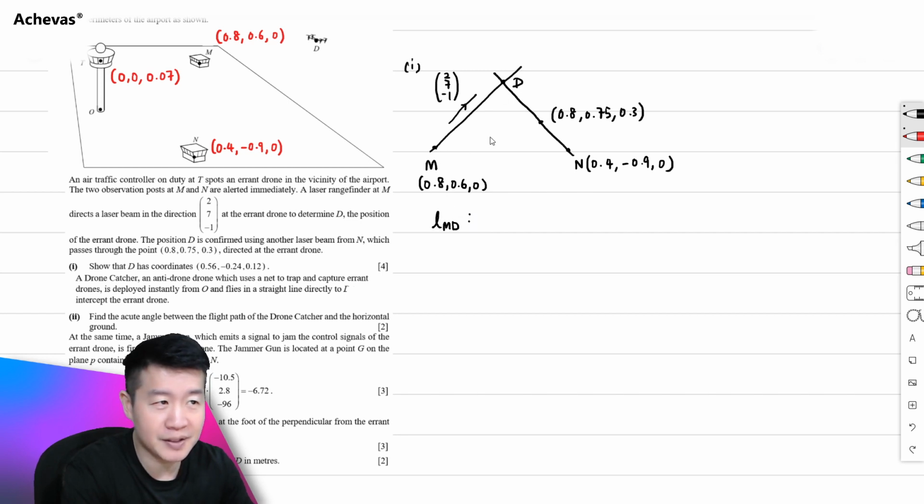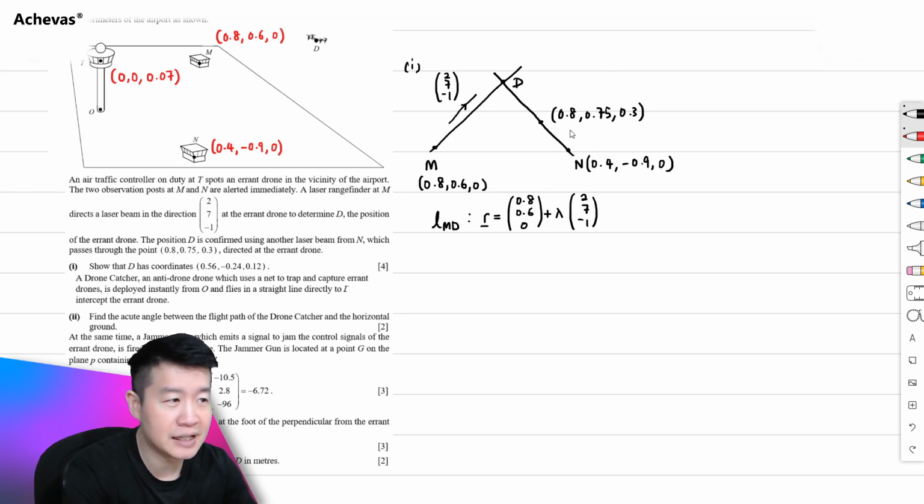So for the line that passes through MD, it passes through this point, (0.8, 0.6, 0), plus, let's go for lambda of the direction (2, 7, -1). As for the other line, I need a direction that is parallel to ND. So I can come up with a vector parallel to ND, which can be (0.8, 0.75, 0.3) minus (0.4, -0.9, 0).